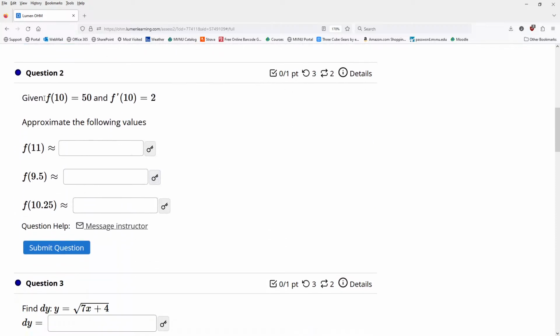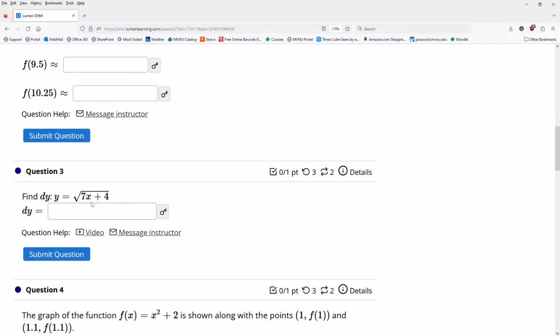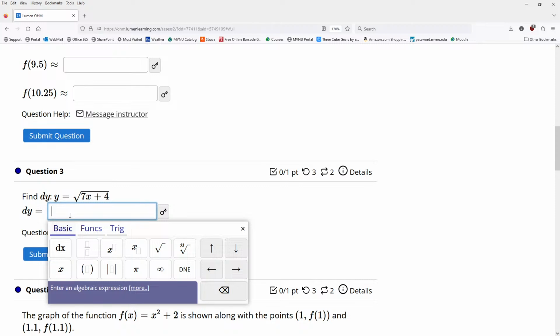And then here, this is a little bit weird because they just give you f of x and f prime of x. So you're just going to set up your linear approximation using those. You don't have the function itself, it's okay. You have the function and its derivative. You can come up with the linear approximation. That shouldn't be bad. Here's the dy thing that I wanted to show you. So here you're just going to do the derivative of that and multiply it by dx, and you'll be fine.